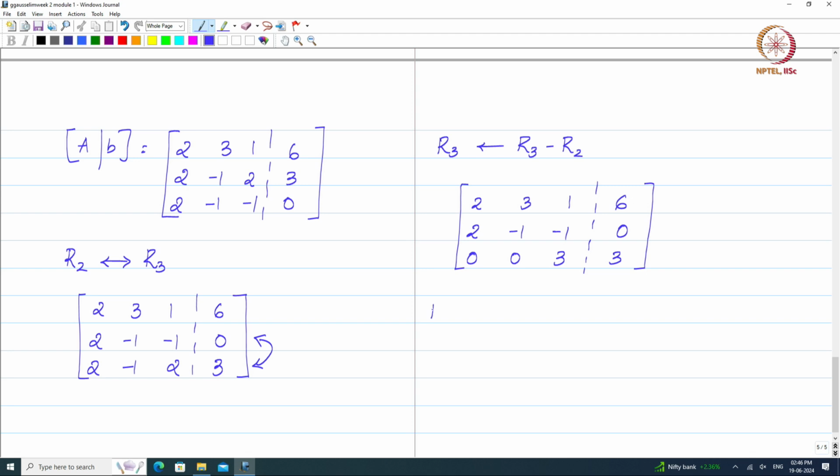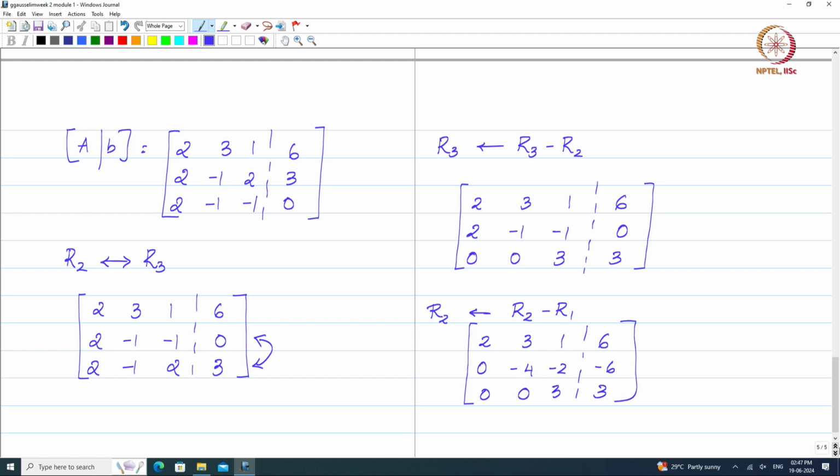Replacing R2 with R2 minus R1 gives you 2 3 1 6, 0 minus 4 minus 2 minus 6, 0 0 3 3.